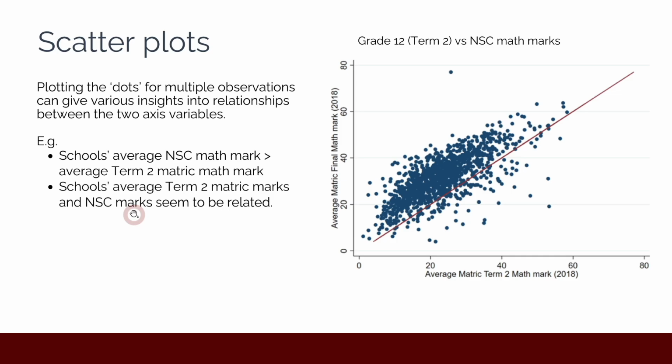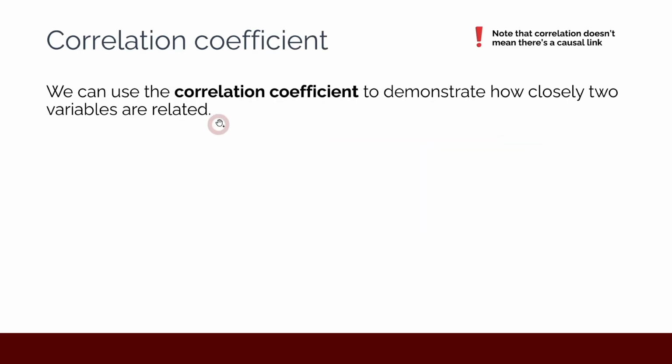And there is a way that we can actually measure this relation, rather than just eyeballing it and saying it kind of looks like there is a pattern there. We have something called a correlation coefficient, which is a value. I won't give you a formula. Computers are quite good at calculating it, but the interpretation is what we'll focus on in this video. So the correlation coefficient is a measure of how closely the two variables that you're looking at are related.